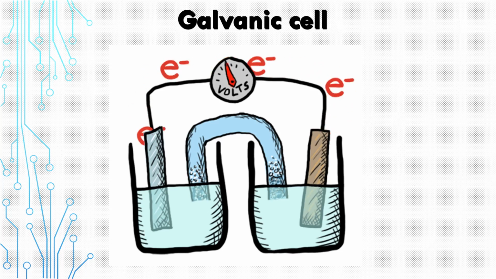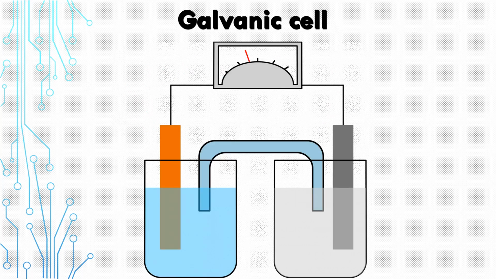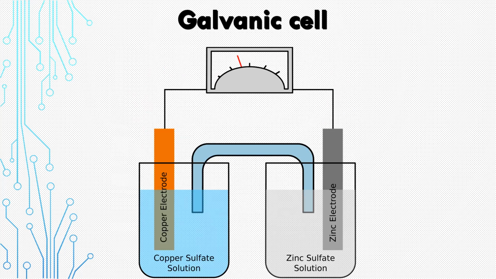Applications of the Nernst equation: the galvanic cell. A galvanic cell is generally defined as an apparatus that generates electrical energy. Here is an example of a galvanic cell. One of the interesting parts of it is the flow of ions instead of the flow of electrons.